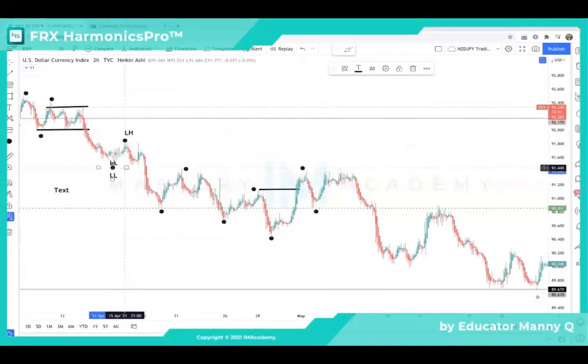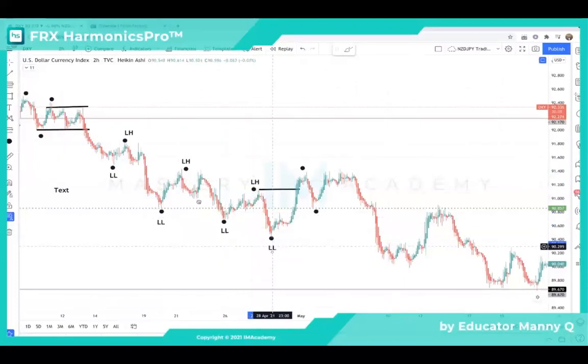Let's duplicate this. The market goes from lower high to lower low, from lower low back up to lower high, right over here, going back down to a lower low, over here, going back down to the lower high, right down here, creating a new lower low.